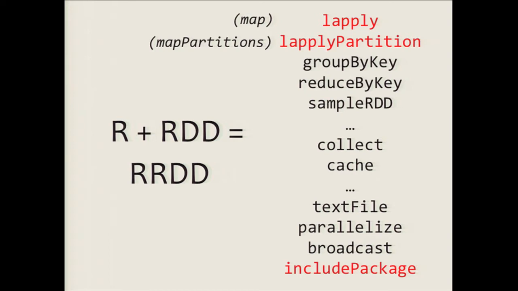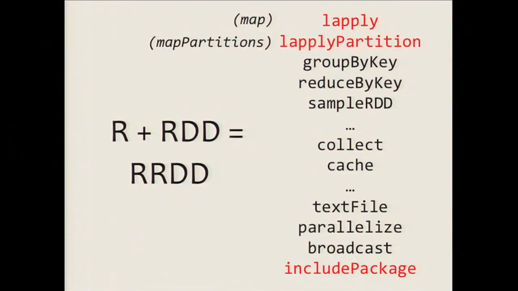And I'm going to talk a little bit more about these aliases, lapply and lapply partition, very soon. SparkR currently also supports shuffle operations such as group by key and reduce by key. At the center of this list, we see some actions such as collect and cache. And at the bottom of this list, these are operations defined on a Spark context.